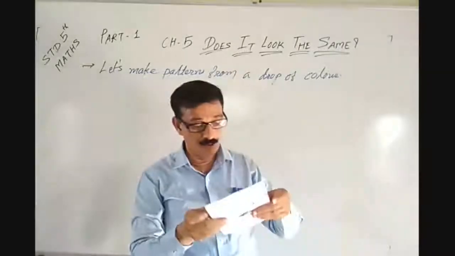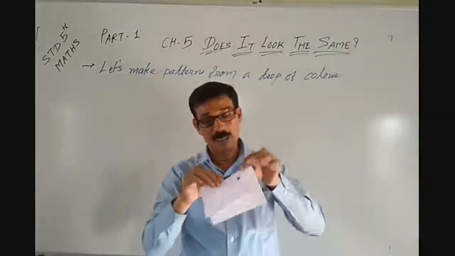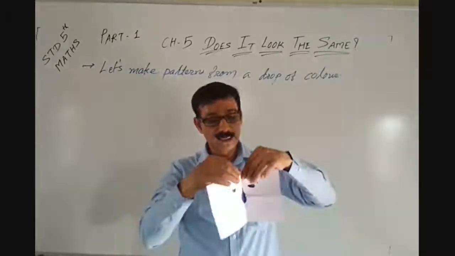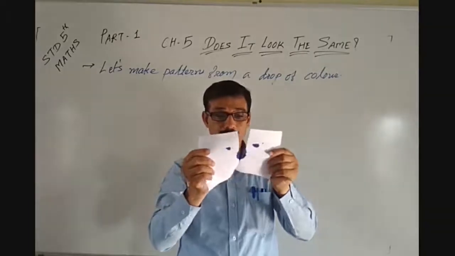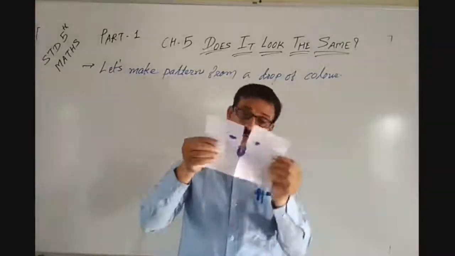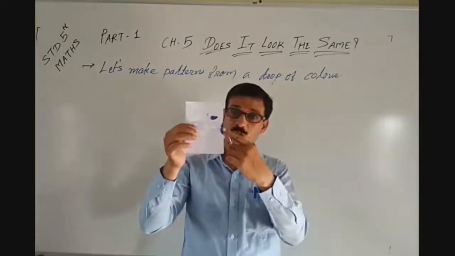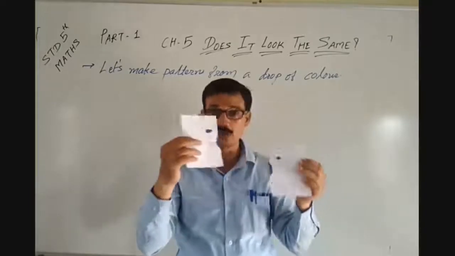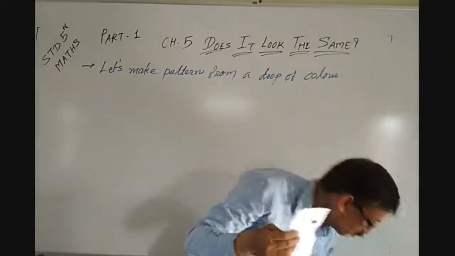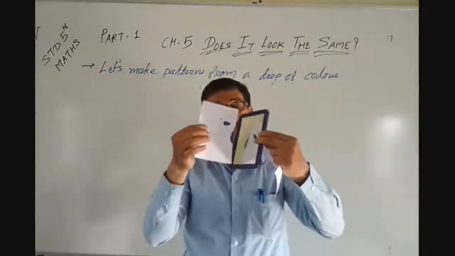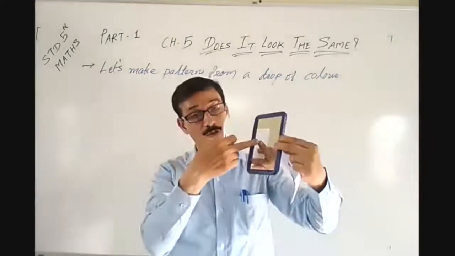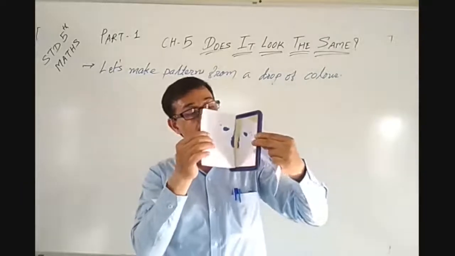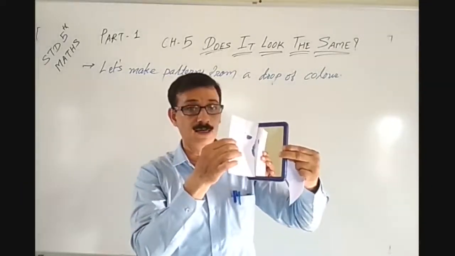Let me do it once again. Let me open it from the middle. So this one is a mirror half of this one. How is it so? Let me show you. If there is a mirror, then you can see this part in the mirror. Look into the mirror.